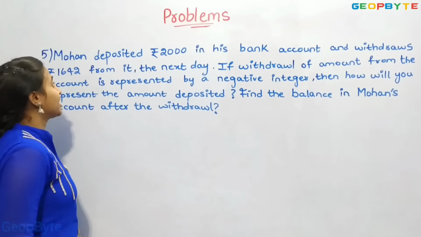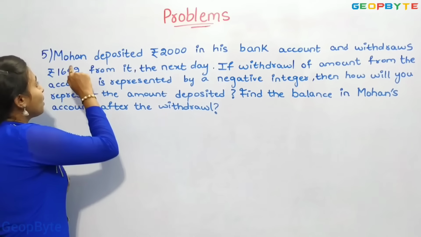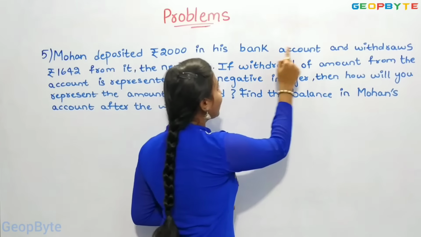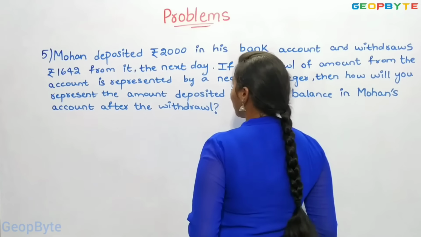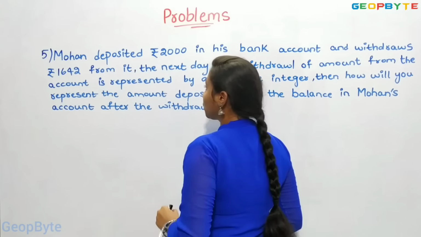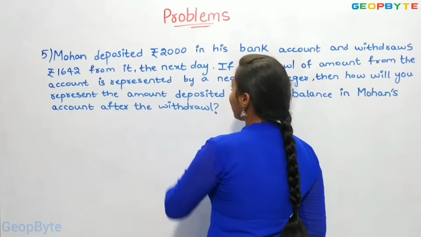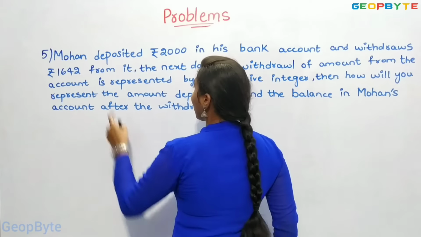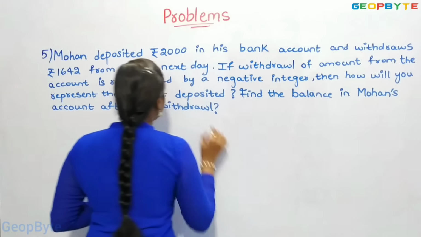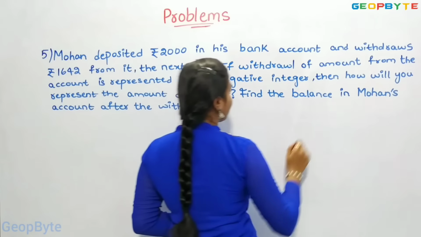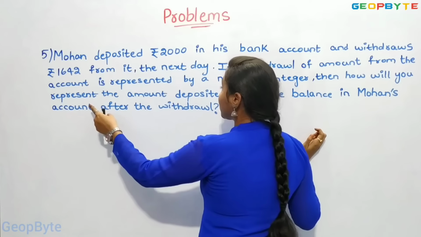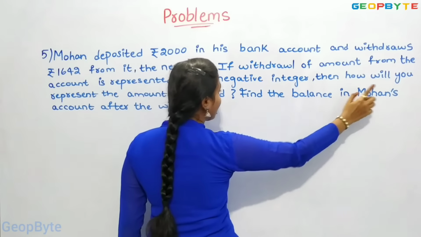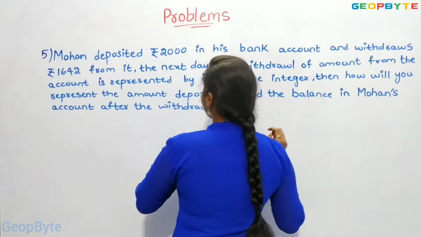Now let us see fifth question. Mohan deposited 2000 rupees in his bank account and withdraws 1642 rupees from it the next day. If withdrawal of amount from the account is represented by a negative integer, then how will you represent the amount deposited? Find the balance in Mohan's account after the withdrawal.